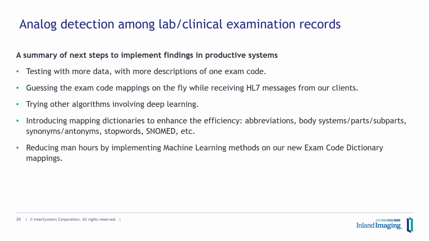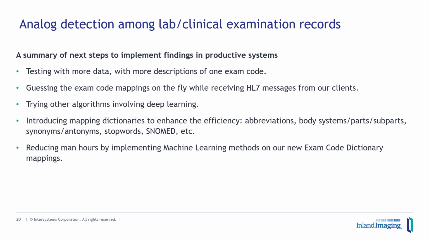So our next steps, we'll be testing with more data. Like I was saying, we actually have 50,000 mappings to our exam code records. We have those descriptions that come from our customers to map to those records. So we'll try to use those to train the data better, or to test the data better.